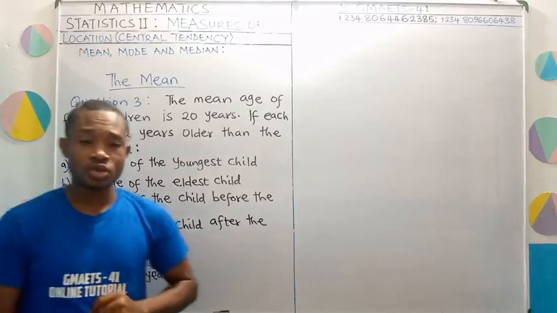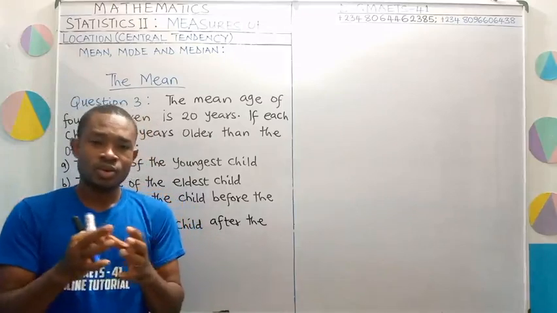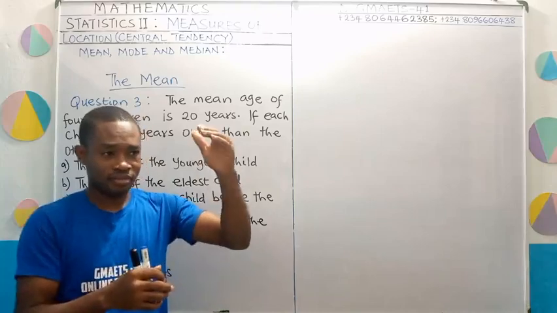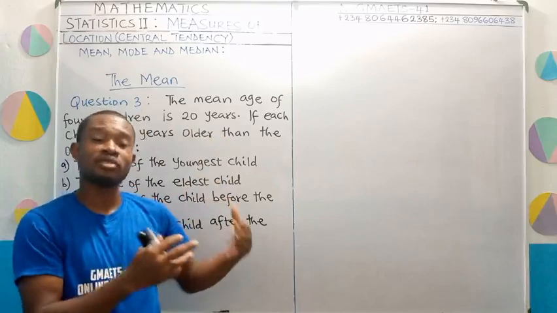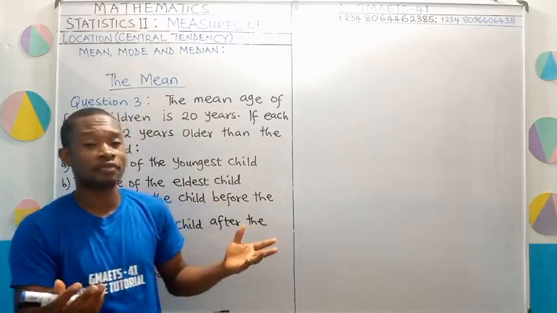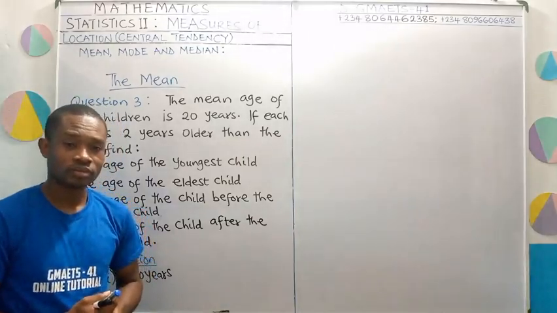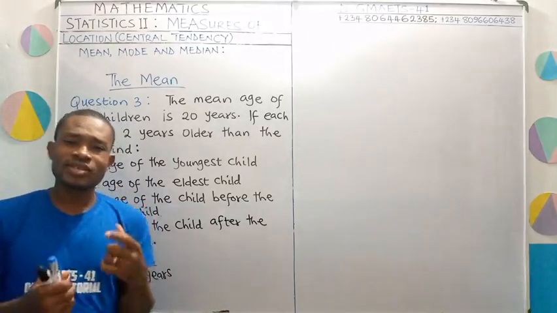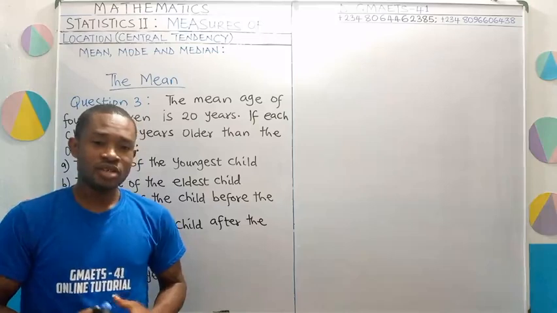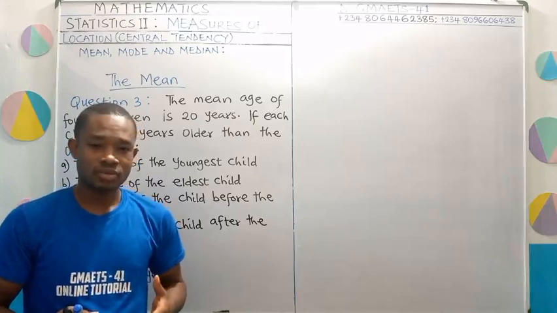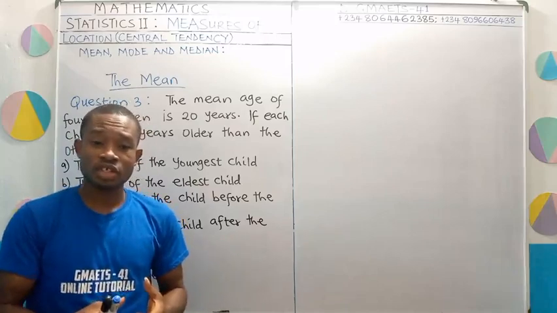So this is what we are going to do. In a family, when you are giving birth, there is an arrangement. You have the first child, second child, third child, fourth child, depending on the number of children the parents decide to give birth to. Let us say that the age of the youngest child is y years.